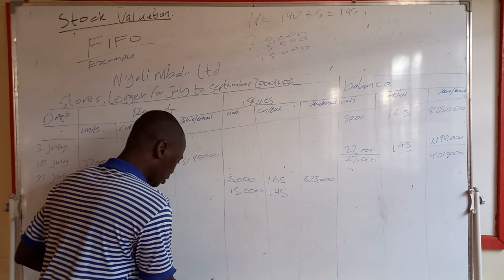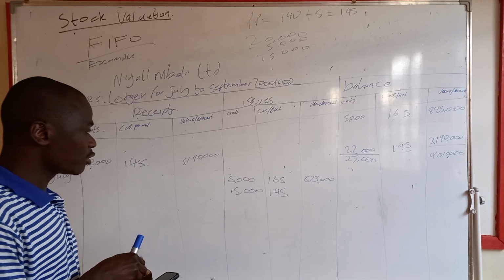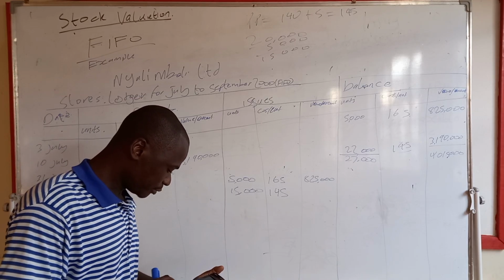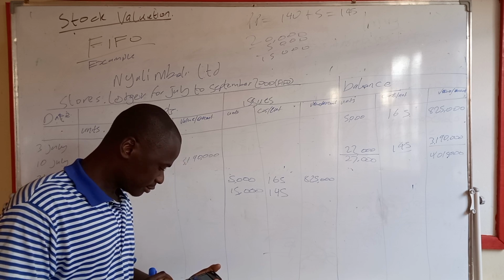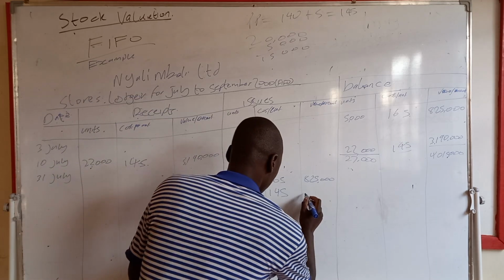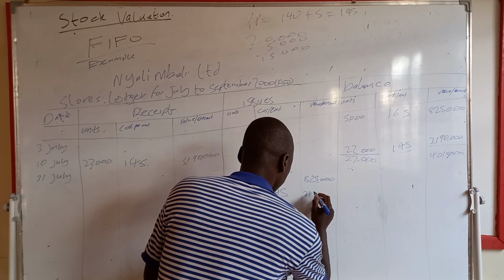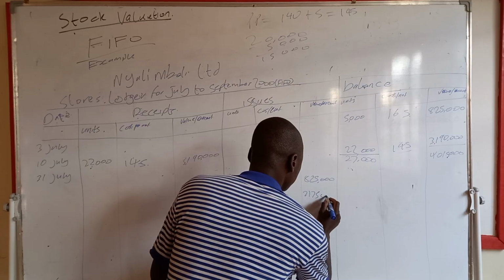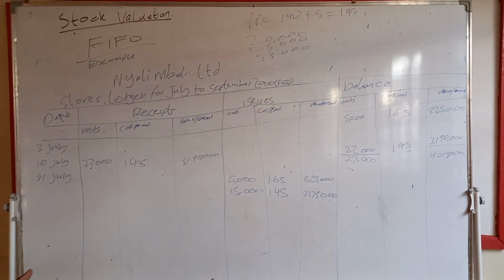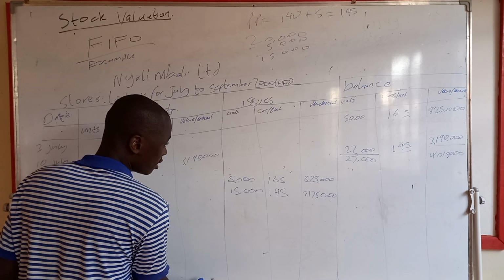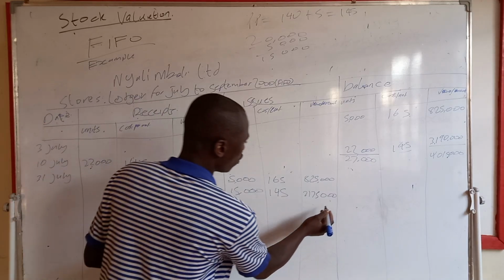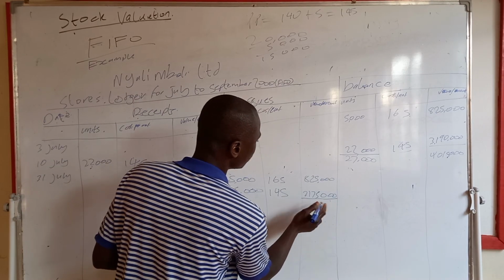So the total cost, or the total value of what you have issued, is 15,000 times 145, which is 2,175,000.